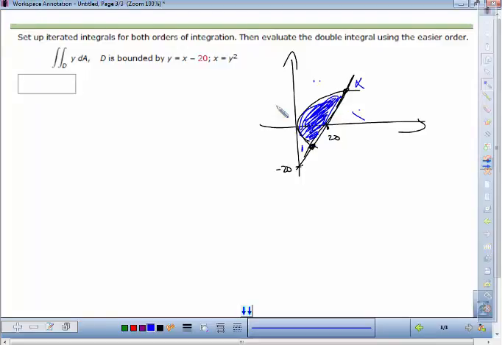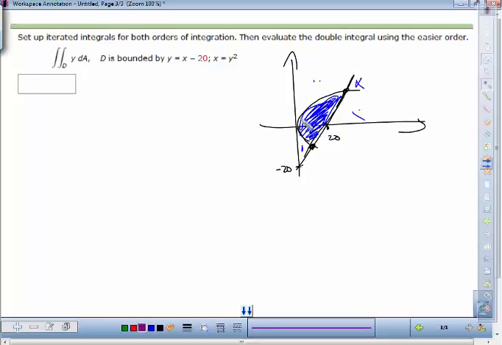All right, it says set up the iterated integral using both orders of integration. So again, for this problem, let's imagine sliced bread. And let's imagine slicing this bread along the x, like last time. Let's try cutting it along the x again and see what happens.